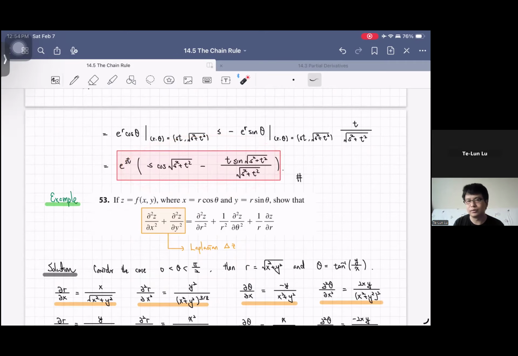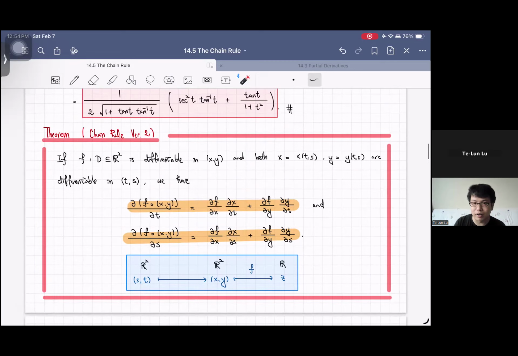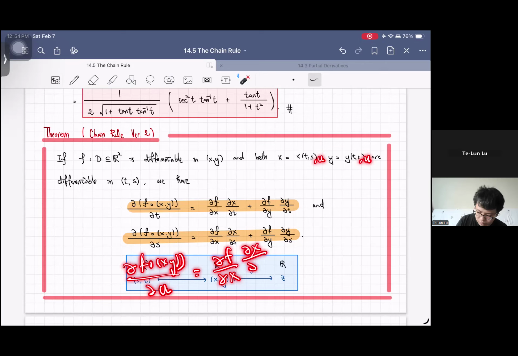And obviously, it generalizes to even higher dimensions. For example, if in this case these are a three-variable function, say of t, s, u, then you can again do something similar, actually it is almost the same formula. Partial u is partial f partial x partial u, plus partial f partial y partial u.